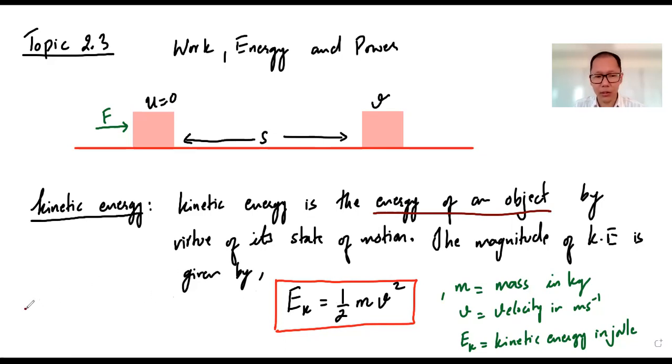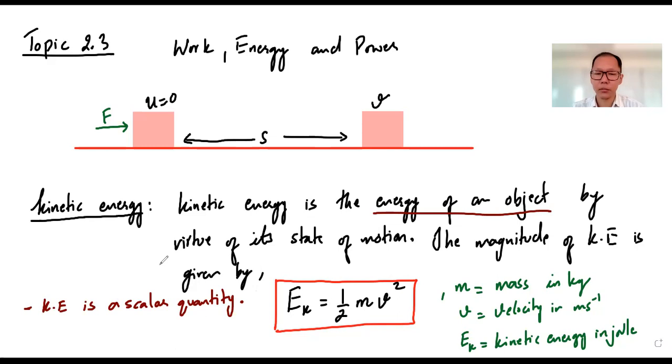Now, also, kinetic energy is a scalar quantity. The reason being that the kinetic energy is the energy possessed by its state.